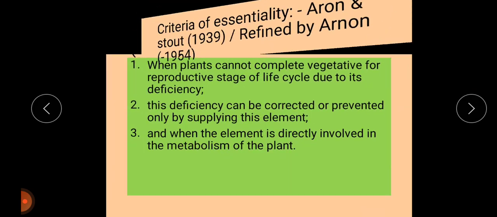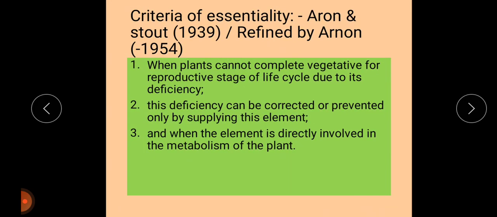Then we discuss the criteria of essentiality. Two scientists, Arnon and Stout, first developed these criteria in 1939, and after some time they were refined by Arnon in 1954.